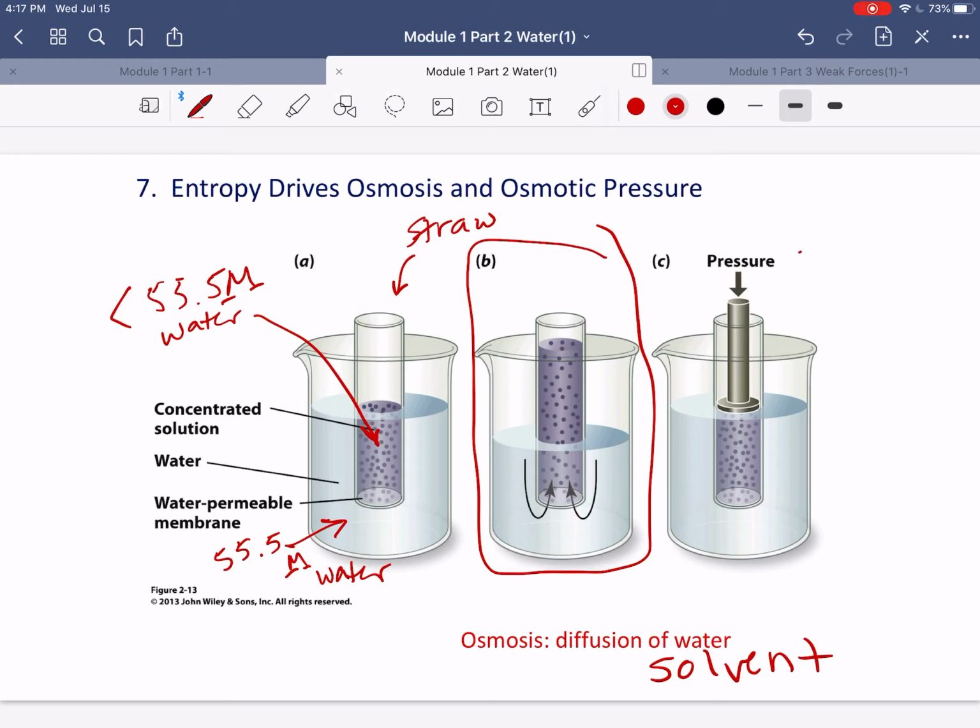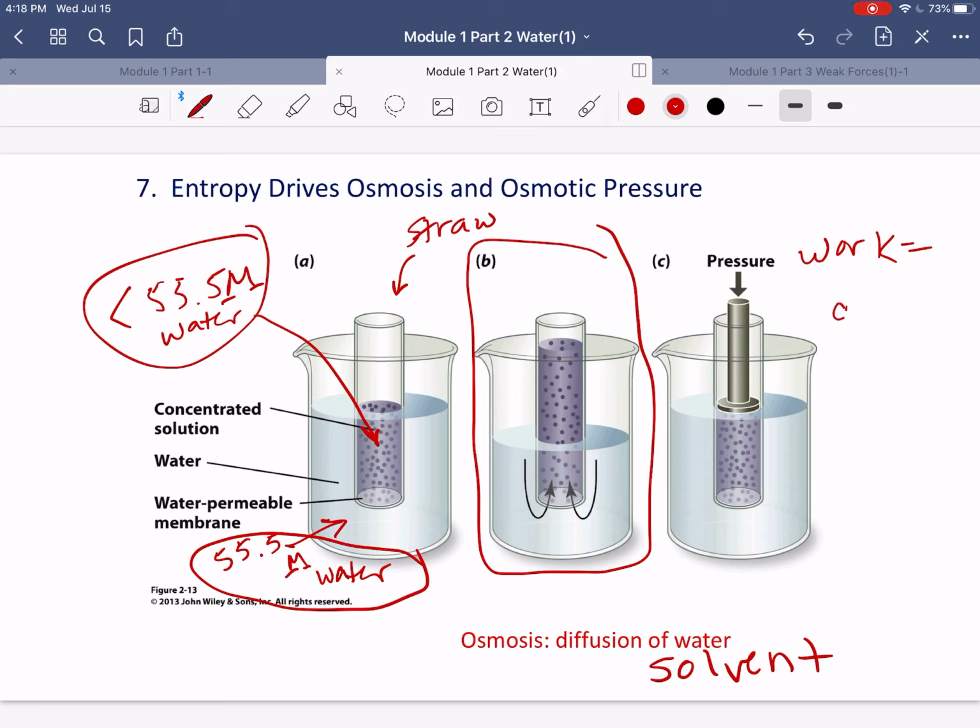And that requires work, because osmosis is energetically favorable. Rushing from your high concentration of water to your lower concentration of water is energetically favored, so you need to use work to counter that energetically favored osmosis. And the amount of work is equal to the osmotic pressure.